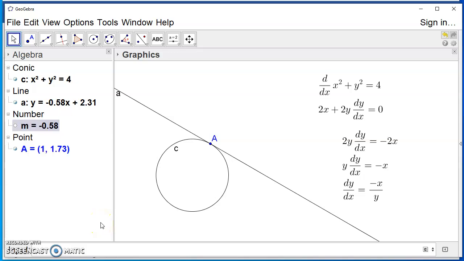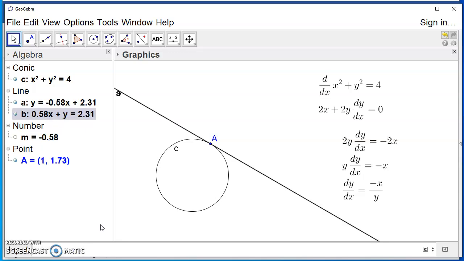I get this idea that m is negative 0.58. Now I need a line that passes through the point I want, A, with this slope, and I can create the tangent to a circle, even though a circle is not a function and therefore not differentiable by your usual rules.